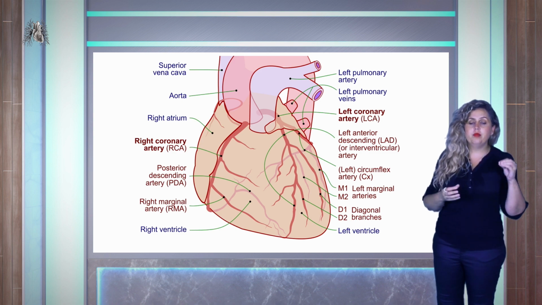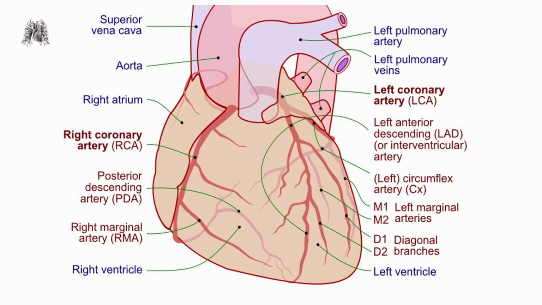The right supplies the inferior side of your heart, which is generally the right side. So your right atrium, your conduction system, and the right ventricle. The left does the anterior side of the heart, that big pump with the thick muscle, one of the most important sides of the heart that can put you into cardiogenic shock very quickly.